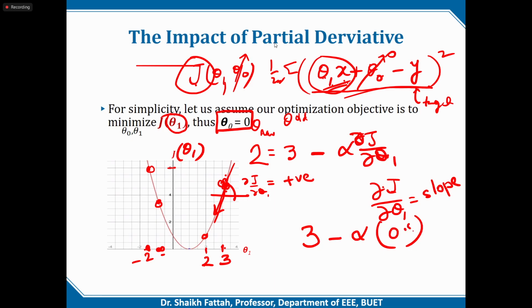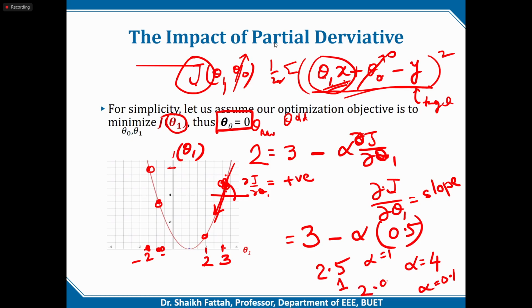Let's say the slope is 0.5. Now, if you set alpha equal to 1, then the result will be 2.5. But if you set alpha equal to, let's see, 4, then this value will be 2, so the result is 1. If you set alpha equal to 0.1, this value will be 0.05.